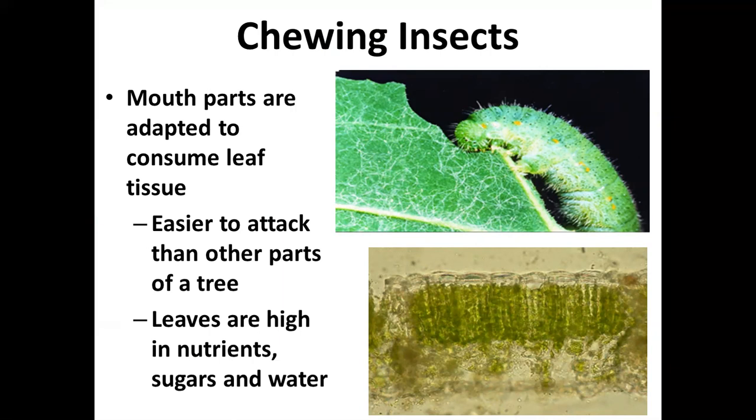Now the chewing insects, their mouth parts are adapted to consume leaf tissue. And that's easier to attack than other parts of the tree. Woody stuff is harder to chew on for most insects, but leaf tissue is nutritious. It has sugar and water in it and a lot of nutrients. So that's a big payoff for an insect that can eat that.